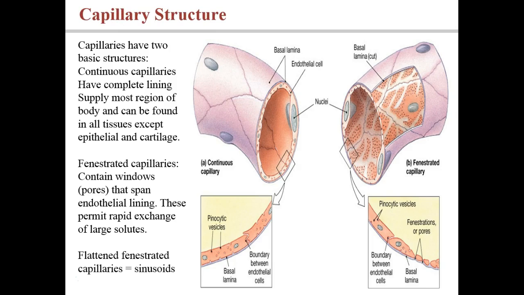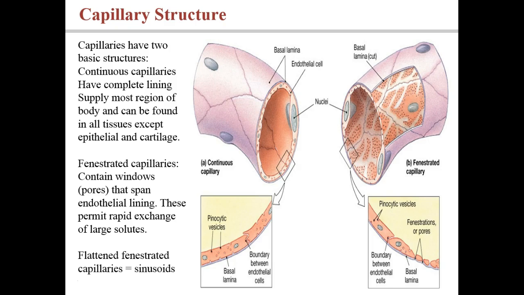And the two types of capillaries, you have them here. You have continuous and fenestrated. Continuous capillaries have a complete endothelial lining. They are found in all tissues except epithelial and cartilage.